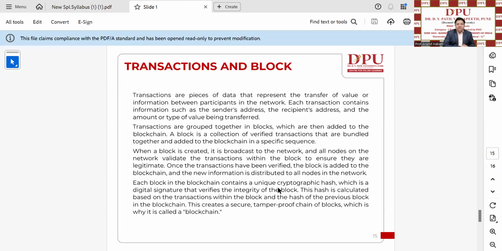Walmart has partnered with IBM, and they have used blockchain for tracking the produce, for creating transparency in their food traceability.